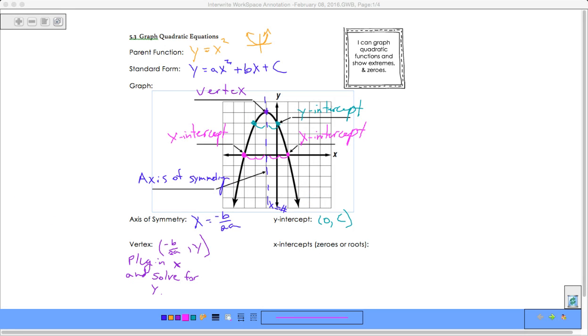Okay. Well, let's get rid of those lines for now. Alright, now our x-intercepts. How do we get our x-intercepts? If we're lucky, we can get them by factoring. Or if it doesn't factor, we can use quadratic formula.